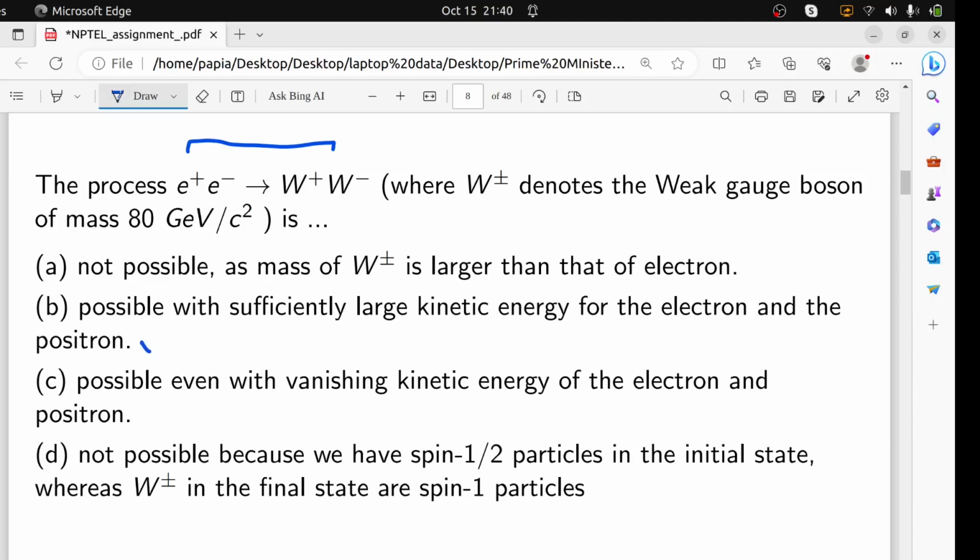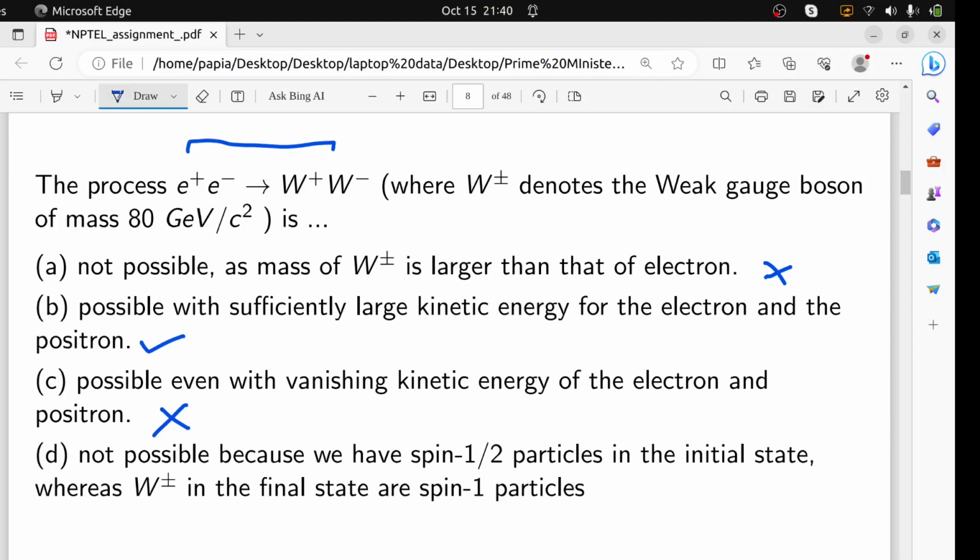So this option will be correct and the first option will not be correct. Now coming to the third option, possible even with vanishing kinetic energy of the electron and positron. It is obviously not, because we saw that only when there is a very large kinetic energy of e+ and e-, in that condition only the e+ e- going to W+ W- reaction is possible.